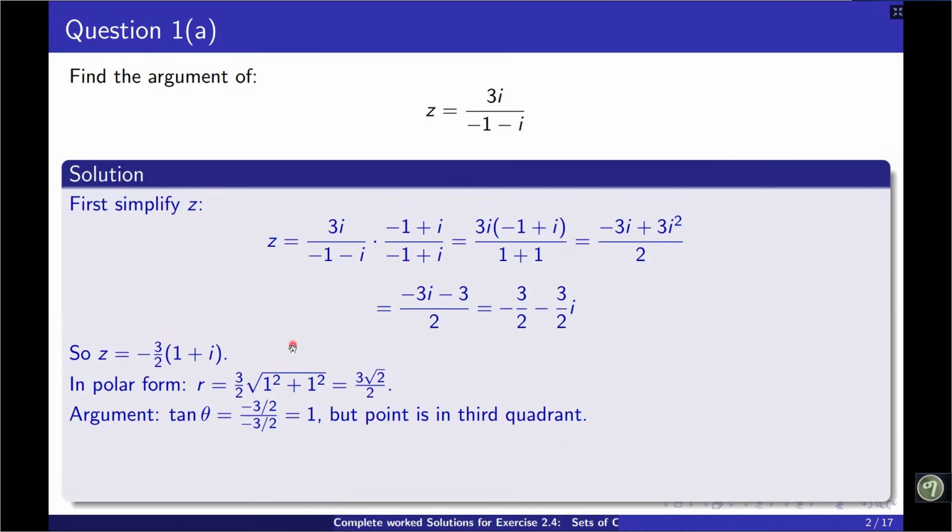But since both the real and the imaginary parts are negative, the point is in the third quadrant. Therefore, the argument theta is equal to pi plus pi over 4, which is 5 pi over 4.